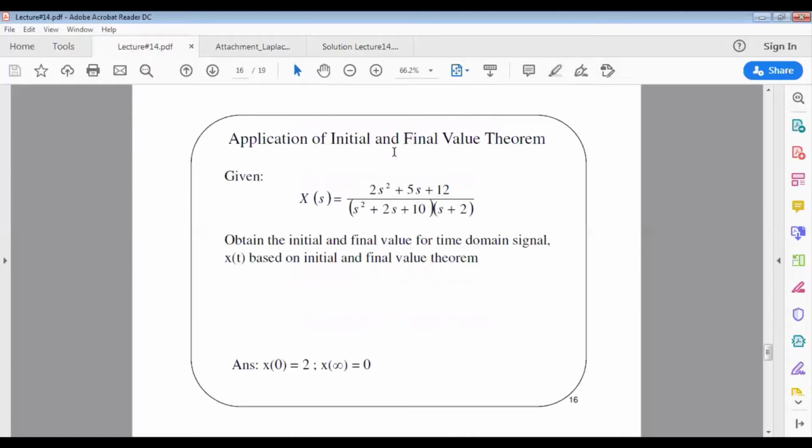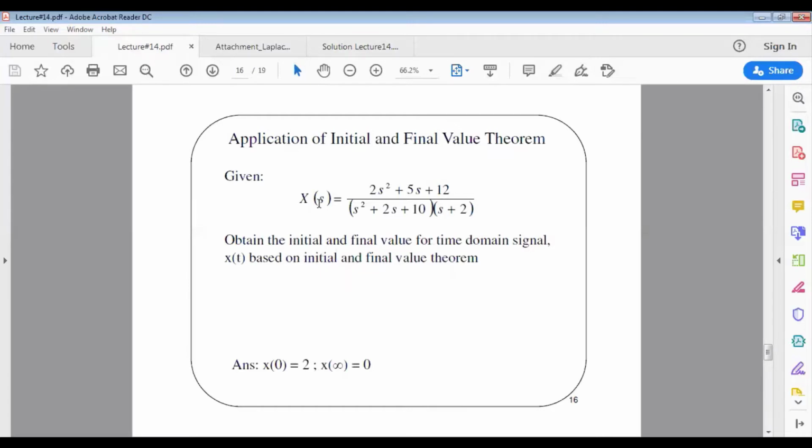Let's have a look at the example here. We are given X(s), which is equal to these terms. The question now is to obtain the initial and final value for the time domain signal x(t), using the initial value and final value theorem.